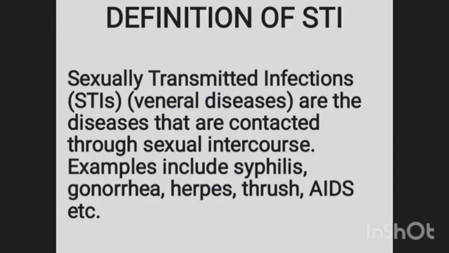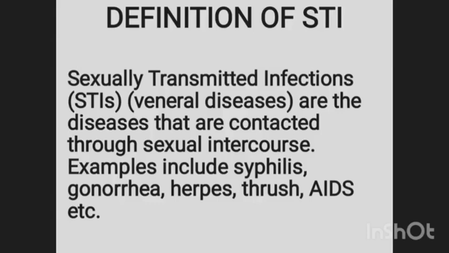Alright, let's move on. Let's look at the definition of STI. Now, mind you, STI stands for sexually transmitted infections, and it's a venereal disease, which means it spreads easily, and they are diseases that are contagious through sexual intercourse. So sexually transmitted infections are diseases that are contracted through what?